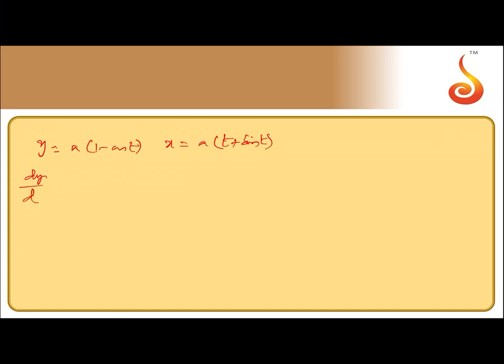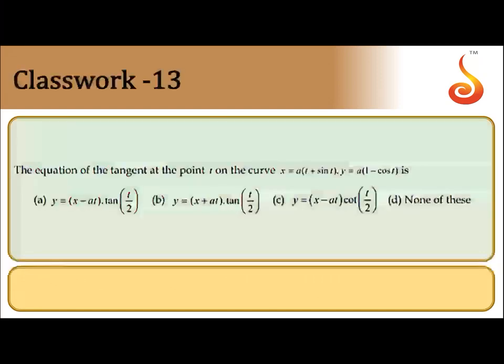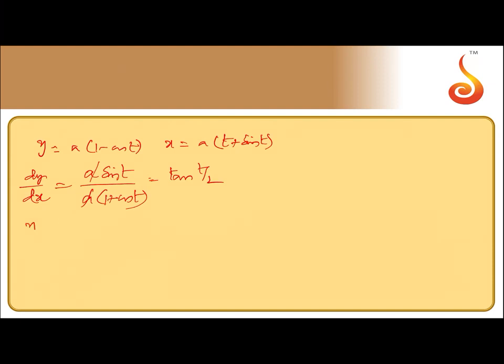Let me find the derivative. Dy by dx is equal to dy by dt divided by dx by dt. I hope we'll be getting a sin t divided by a into 1 plus cos t. And of course, this is nothing but tan t by 2. When you simplify from the trigonometry, you get the slope of the tangent, tan t by 2.